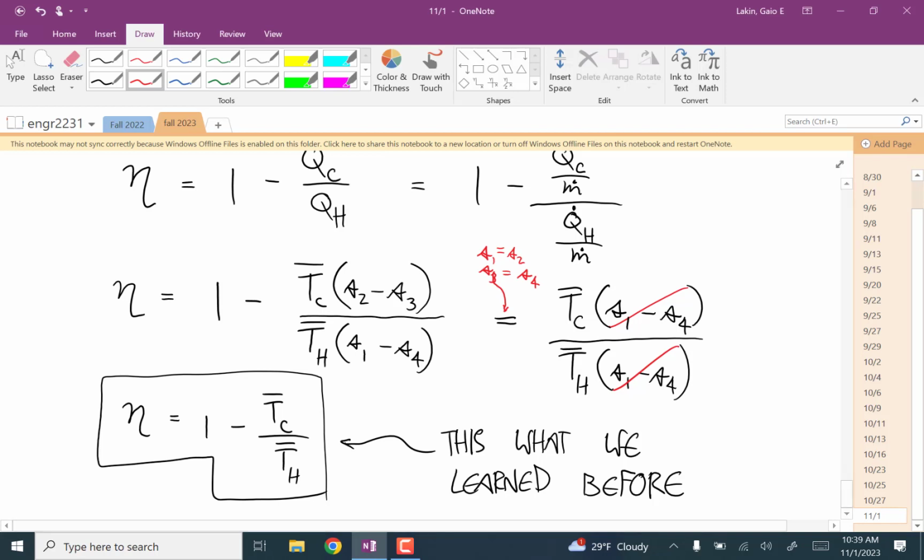Okay, so when we're doing these analyses, we're going to take advantage of those isentropic steps to be able to replace the specific entropies from one to the other one.